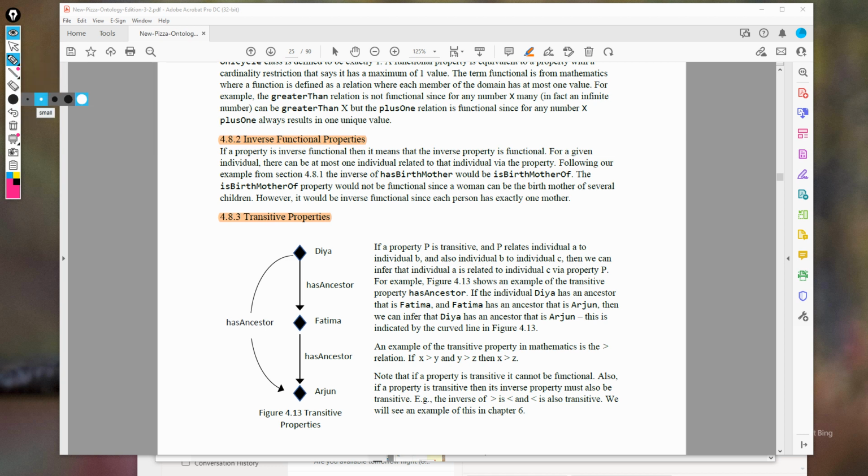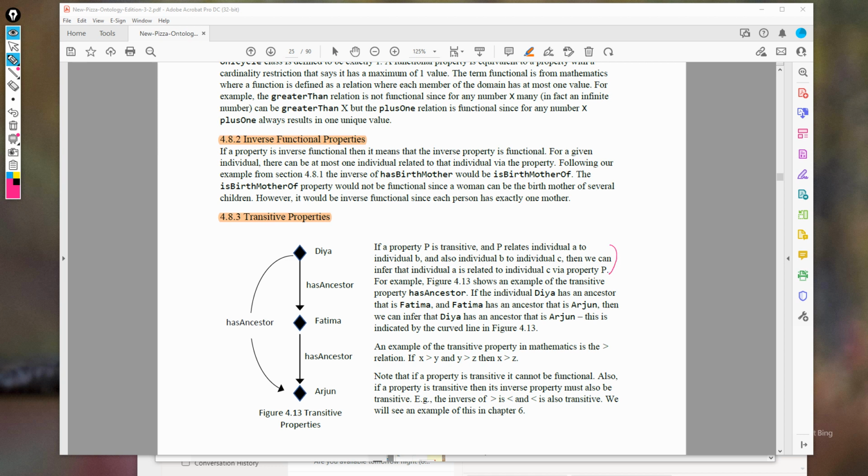So let's read about it. If the property is transitive, and P relates individual A to B, and also individual B to C, then we can infer that individual A is related to individual C via property P. This is called a transitive property.